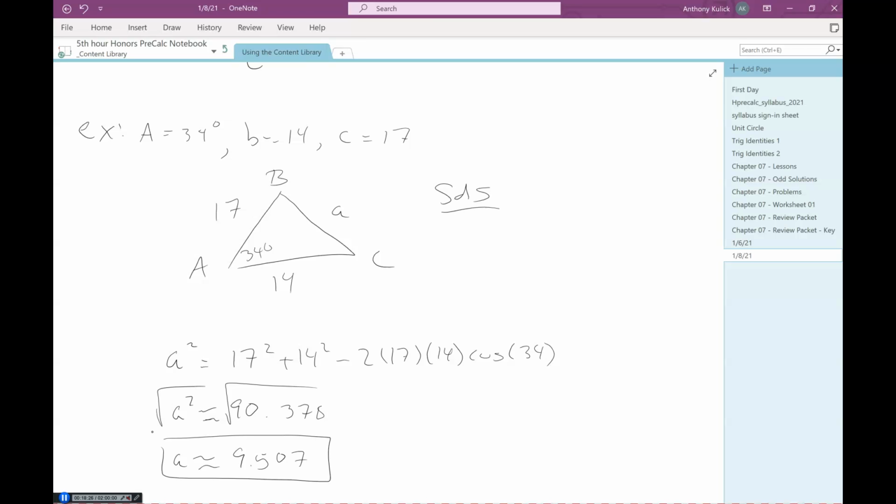So there's that. Now to find one of these other two angles, I can either use the law of cosines again, or I can use the law of sines. I would do the law of sines. I think that makes it a little bit easier. And it doesn't really matter which angle we solve for next.